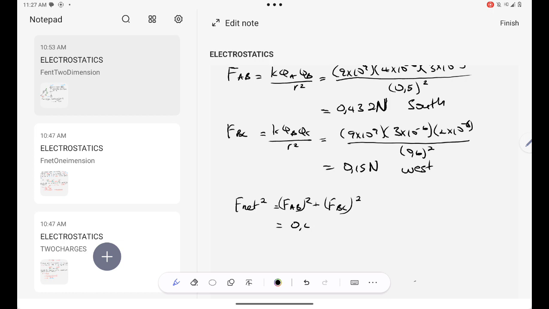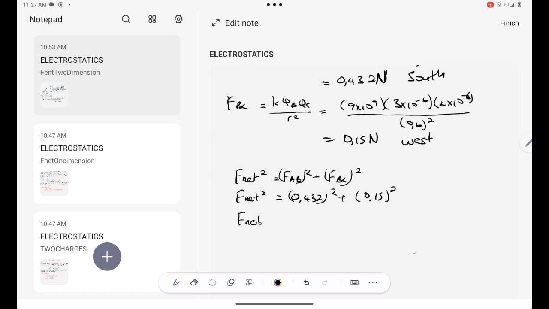I simply have 0.432 squared plus 0.15 squared. That's F net squared. So for me to find F net, I just need to put the square root on both sides first. I have the square root of 0.432 squared plus 0.15 squared.